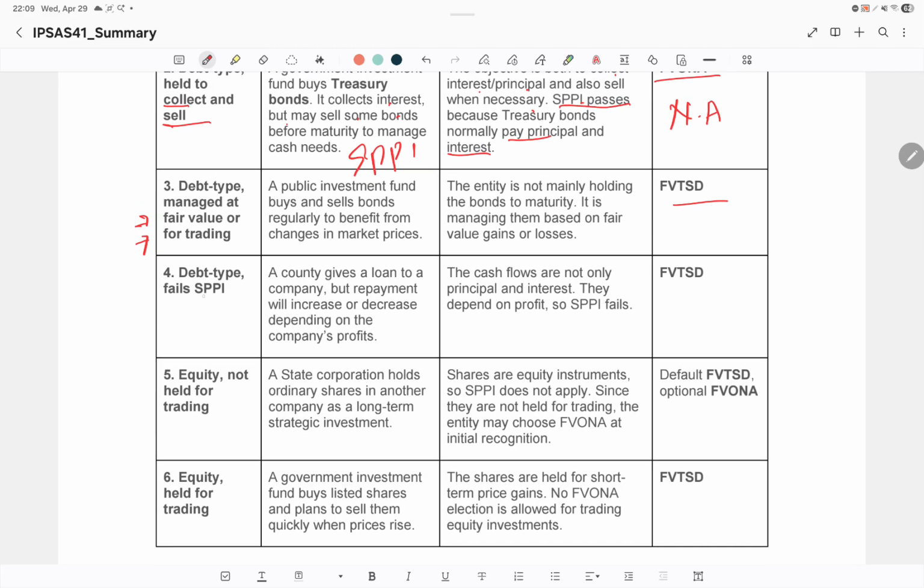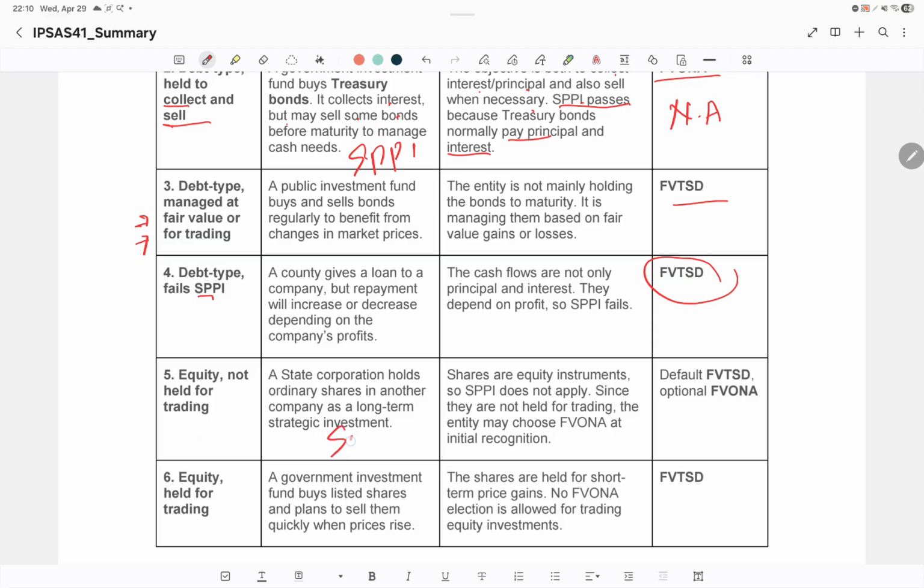Debt type that fails the SPPI test: for example, the government gives a loan to a company but repayment will increase or decrease. If it fails, then you use fair value through surplus or deficit. Remember, we were talking about failing the SPPI test, and that is one of the indicators on how to select either of the first two.